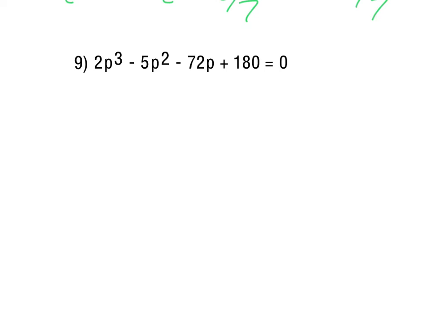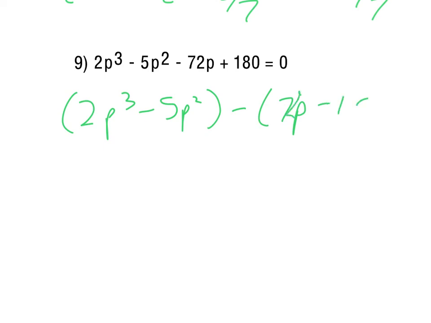Last problem we have, again, with the four terms, we think factoring by grouping. We do have that minus in the middle again, so make sure you switch that sign on the 180 as well. So now that we have those binomials grouped, we just take out our common factors. So for the 2p cubed minus 5p squared, we can take a p squared out of that.